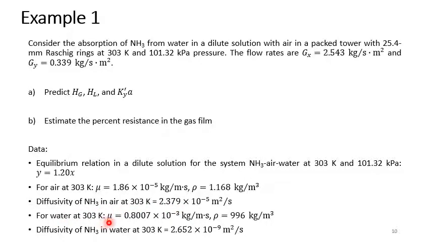For water, the viscosity and the density are also given at this temperature, and the diffusivity of ammonia in water at 303 K is also given. Because it's an example, you're given all of this data. But if you're not, you need to find it on your own when you do your own design of an absorption tower, for example.